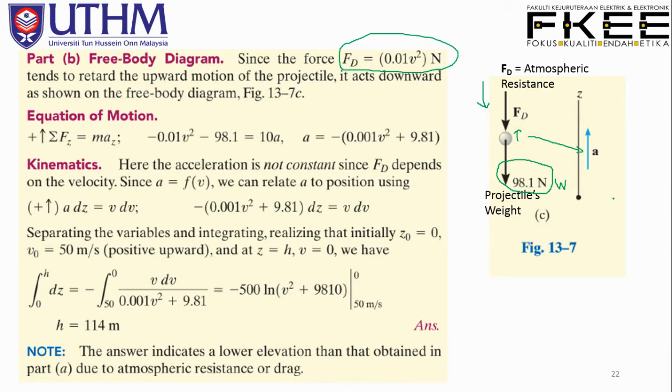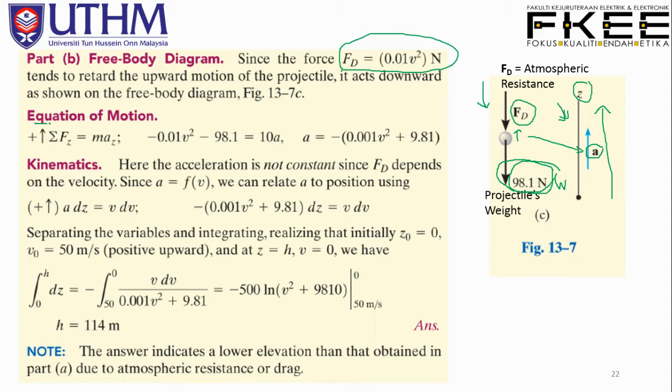So this is the motion of the projectile. It is moving upward in the z direction with an acceleration. But when it comes to the forces, there are certain forces acting on this motion, namely again Fd as well as the weight of the projectile itself.